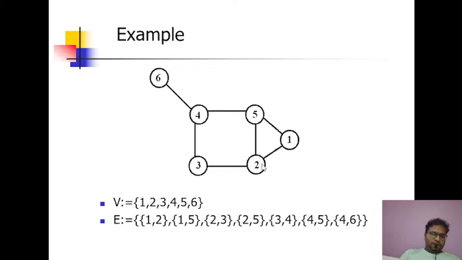So between 1 and 2, I can say that (1, 2) is that edge. I can represent it as (1, 2) or (2, 1). Both will be the same provided it does not have direction. If it has direction, then I need to specifically write whether it is (1, 2) or (2, 1). So if there is direction, you have to write the values accordingly.